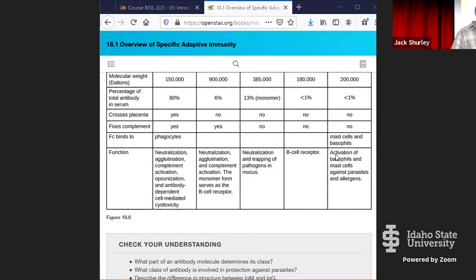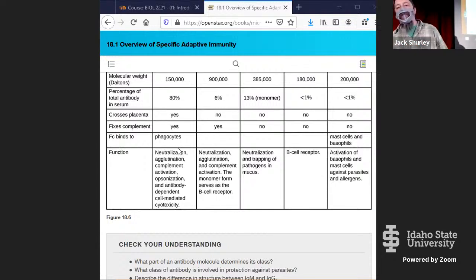I don't know if the basophil has an Fc receptor or not. Matters not, right? They interact with the Fc region and stimulate both of these types of cells to release histamine, which in turn stimulates an allergic reaction and a response that typically we would say is not so favorable.